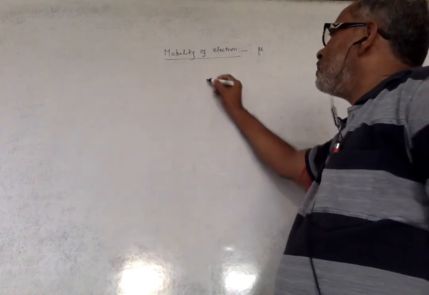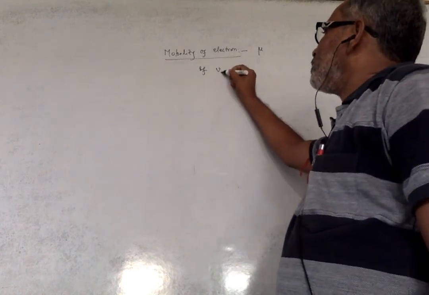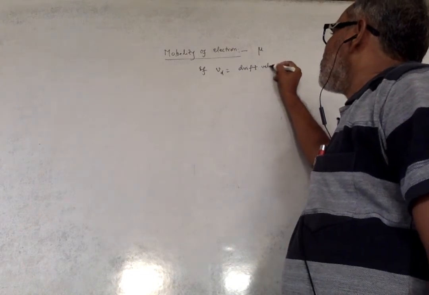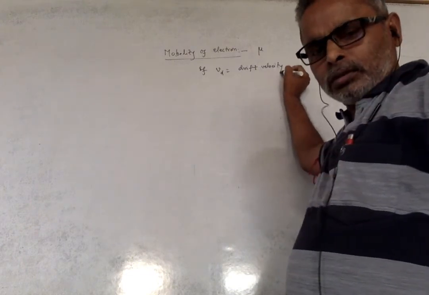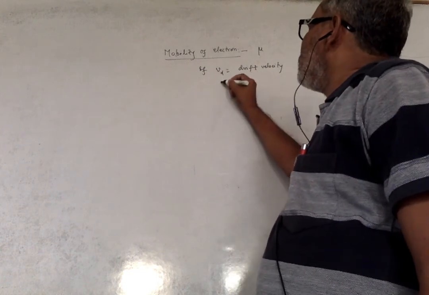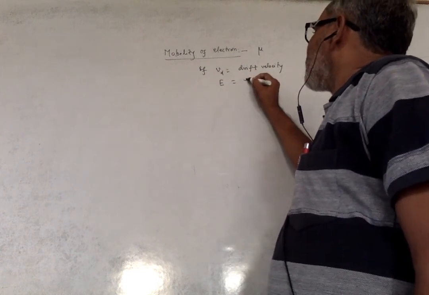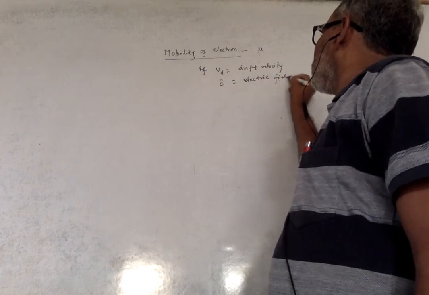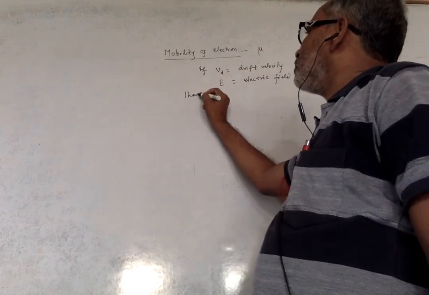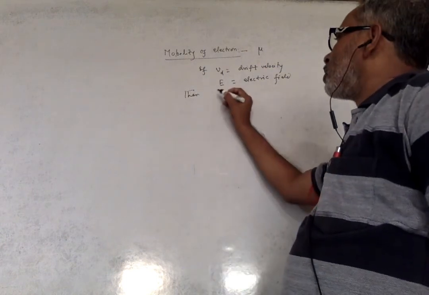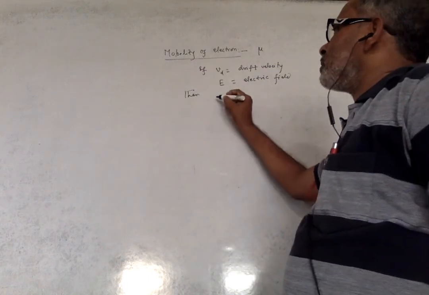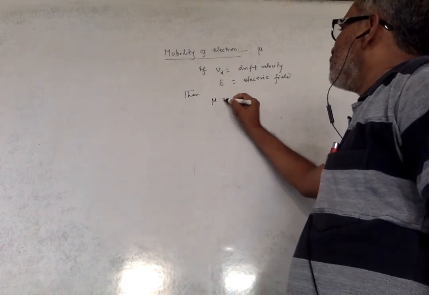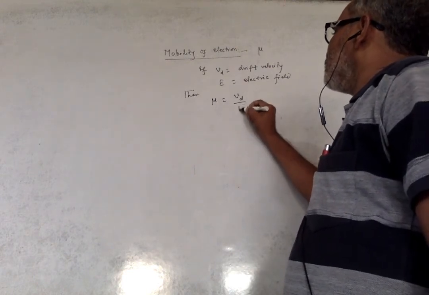If Vd equal to drift velocity and E equal to electric field, then mobility of electron, shortly we say mobility, mu equal to Vd by E.